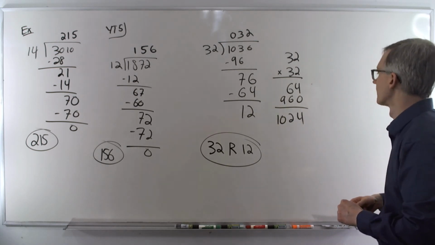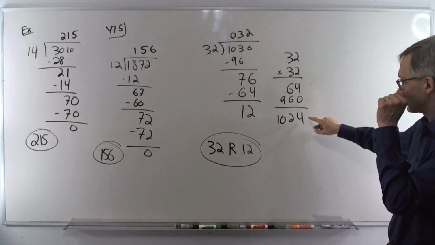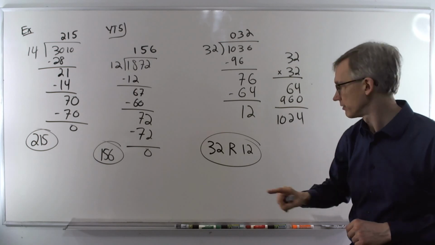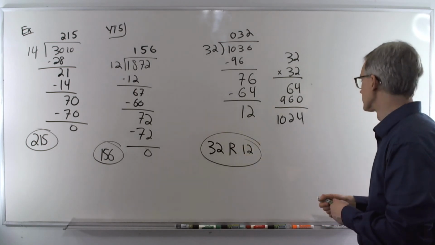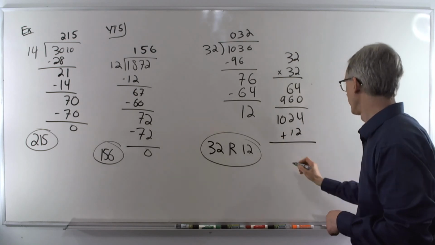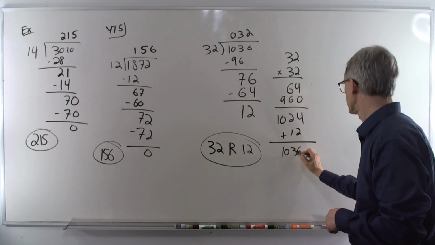Okay, so notice that this number does not match what we started with, but we haven't included the remainder yet. We still have this remainder. So we're not going to multiply that, we're going to add it on. Add on that remainder, and we get 1036.